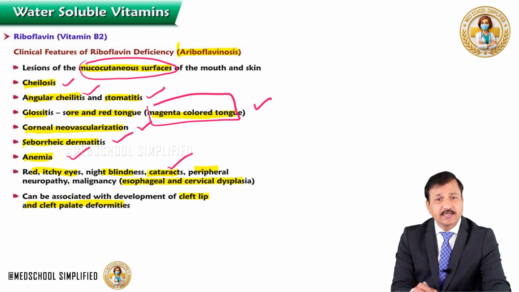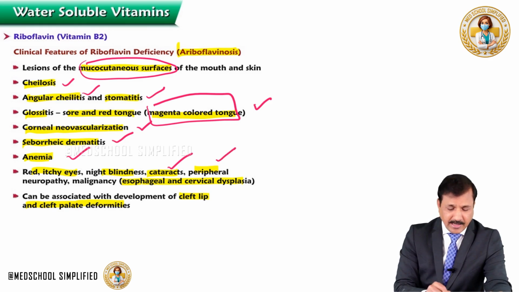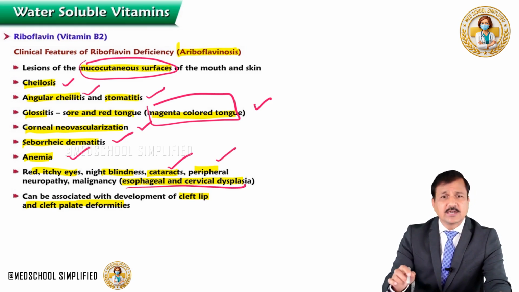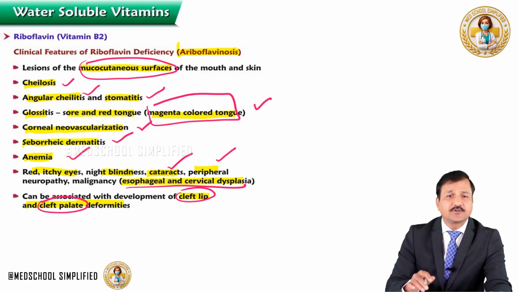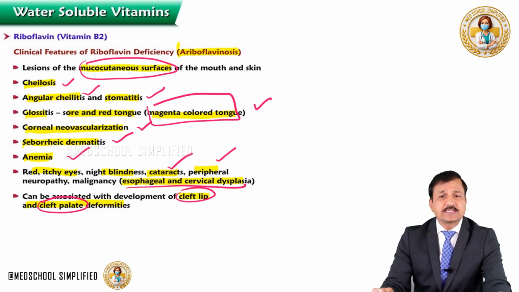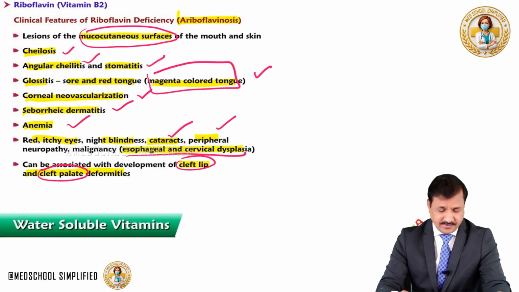Patients may show cataract, peripheral neuropathy, malignant changes like esophageal and cervical dysplasia, and also it can be associated with cleft lip and cleft palate. So these are the signs of riboflavin deficiency.